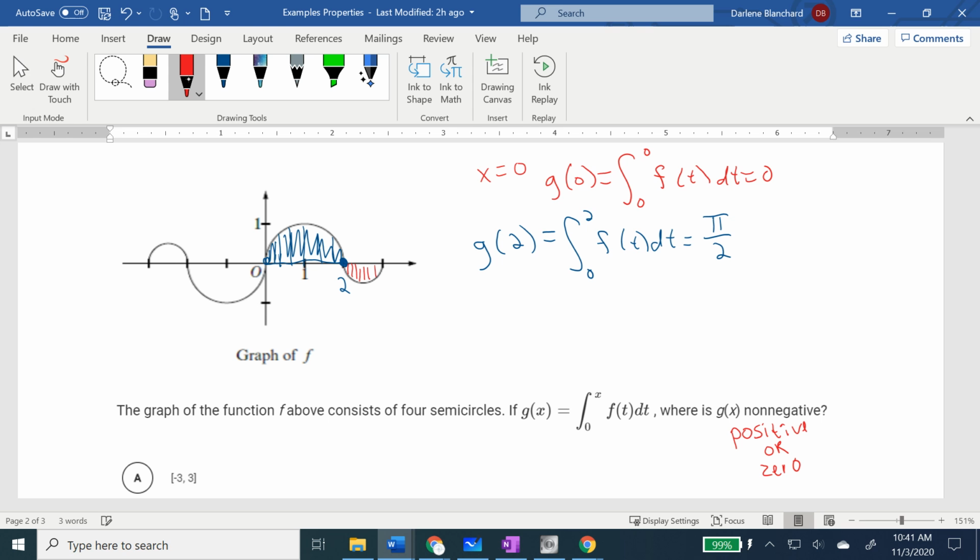And if I go all the way over to g of 3, g of 3 is looking at what is the integral from 0 to 3.